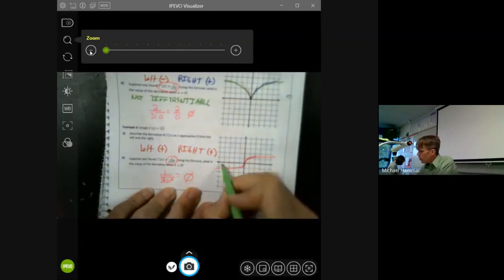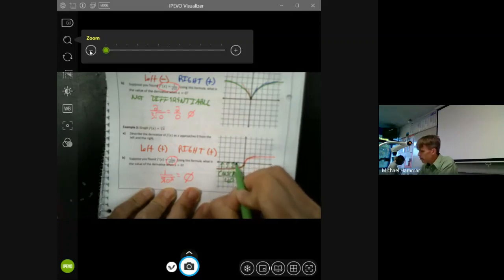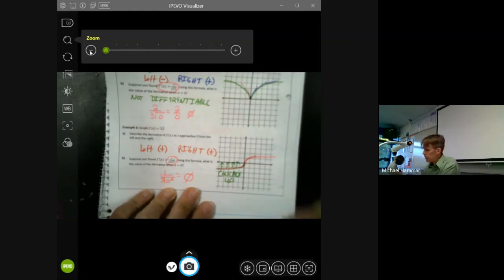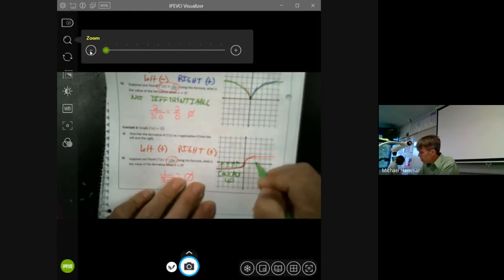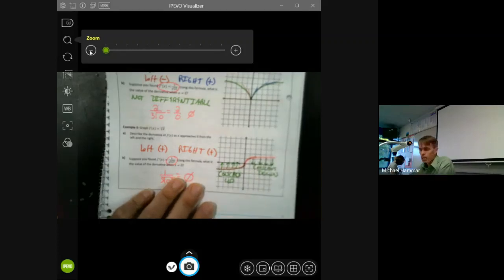Okay, so there is an interesting situation that occurs when something like this happens. Okay, what I want to let you know is I'm going to introduce a word for you. This is called concave up. Notice that this opens up. The curve opens up in this direction. This one is called concave down. Notice that the curve opens down this way.